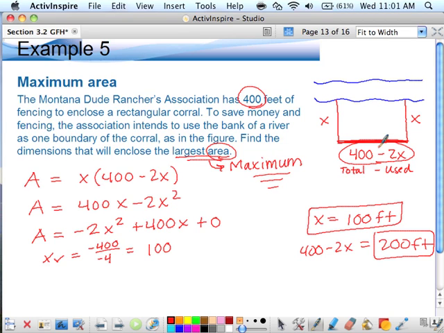However, if I added something onto this problem, and now I asked you, what is the maximum area?